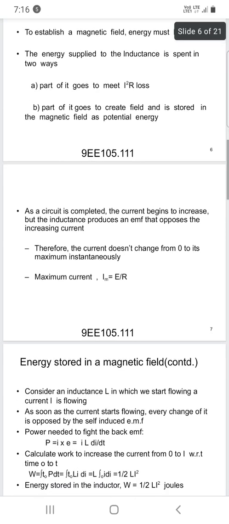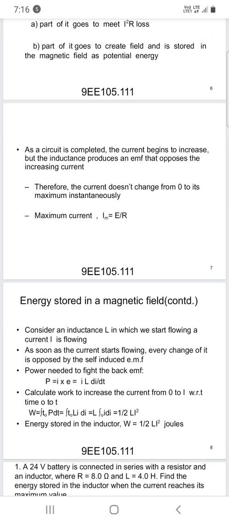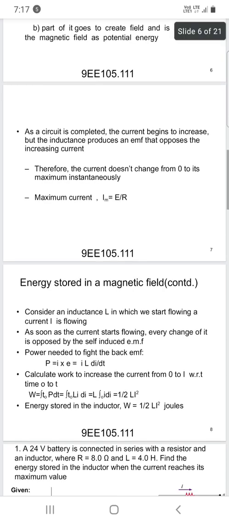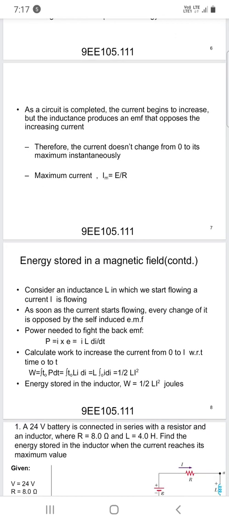Therefore the current does not change from 0 to its maximum instantaneously.